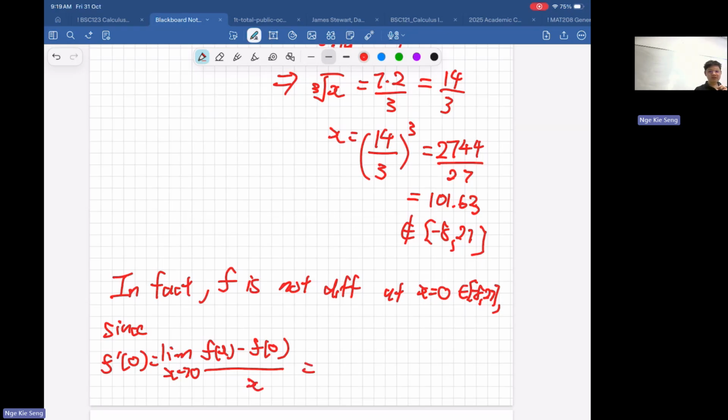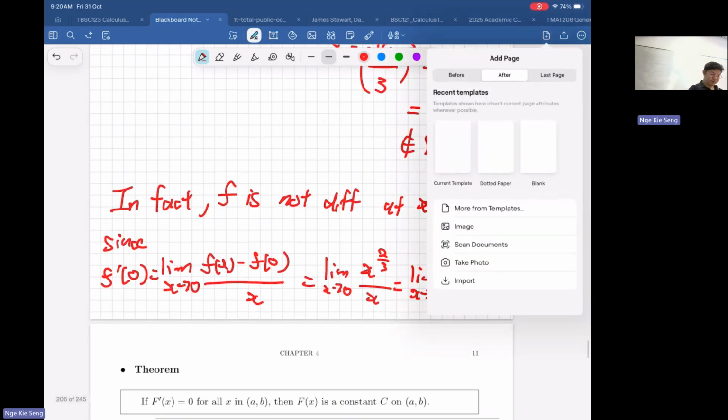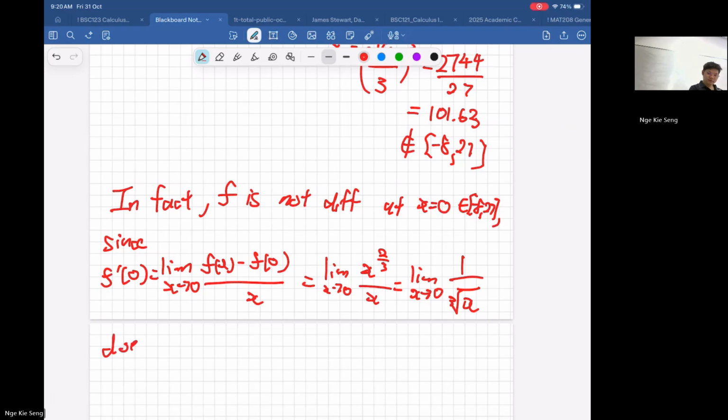If you really compute this, what you get is the limit as x goes to 0 of 1 over the cube root of x. This blows up to infinity as x approaches 0, so this limit doesn't exist.